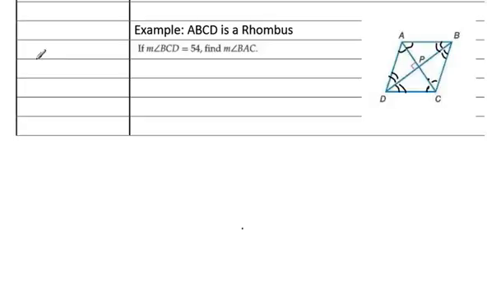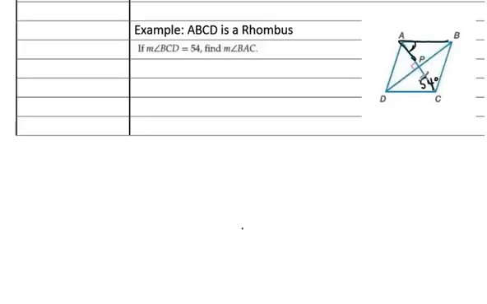So it says if the measure of angle BCD, so B to C to D, this angle right here, is 54 degrees. Find BAC. They want this half of the rhombus.